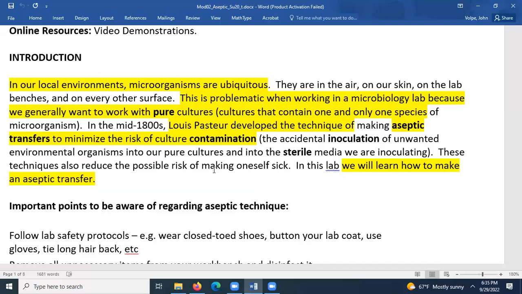That's a lot of tubes he set up. And all he got at the end was 1 pure culture. My point is, it was a lot of work and it wasn't easy for Louis Pasteur to get a pure culture. We will talk about an easier way of getting the pure culture that Dr. Koch invented. We're going to learn how to make an aseptic transfer in this lab.